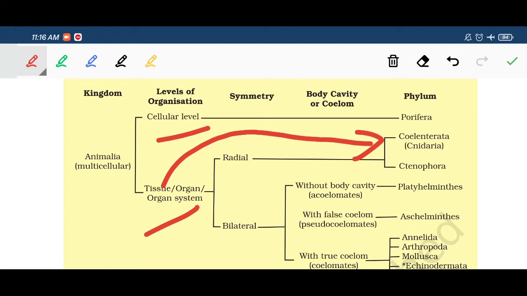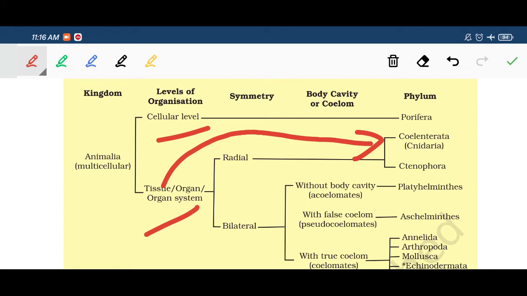Coelenterates and ctenophores have tissue level of organization and they show radial symmetry. Then coming to the next basis, that is body cavity or coelom: whether they are coelomates, acoelomates, or pseudocoelomates.